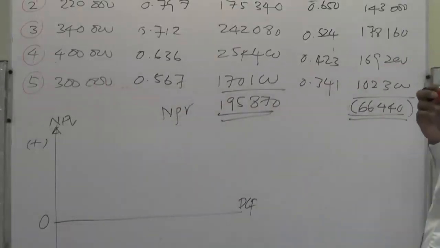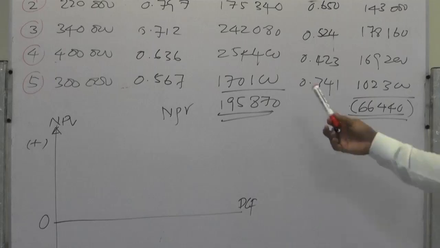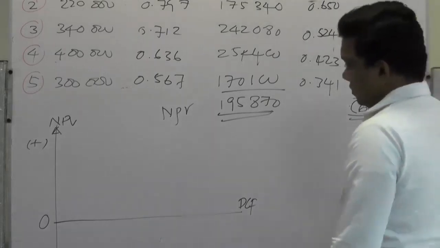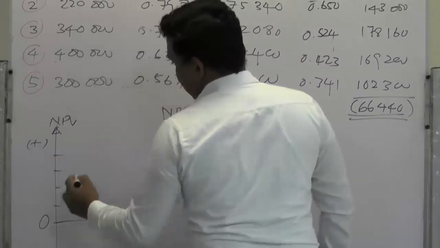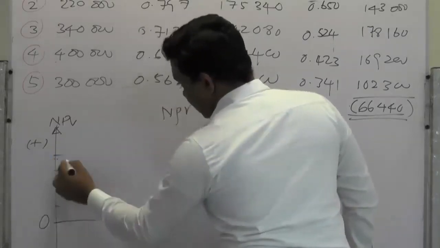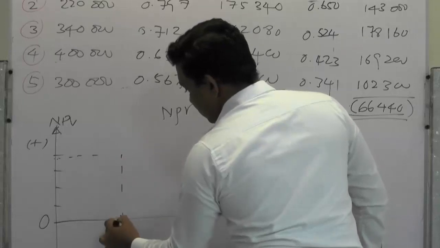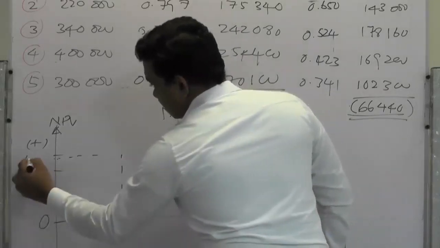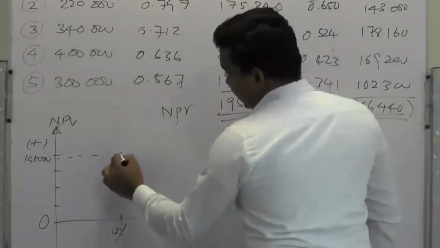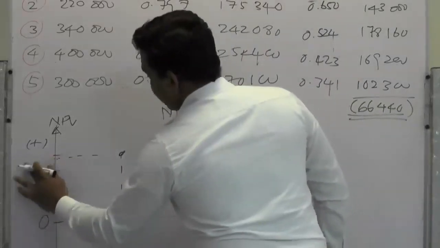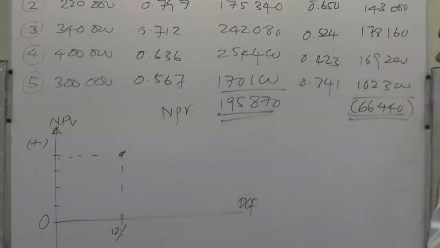Now you can see that at 12% it is 195,870, right? 195,870 at 12%.